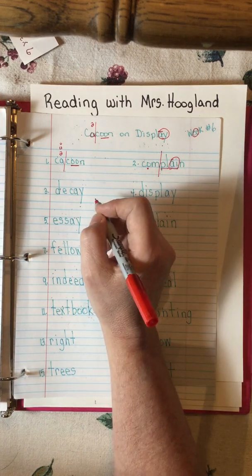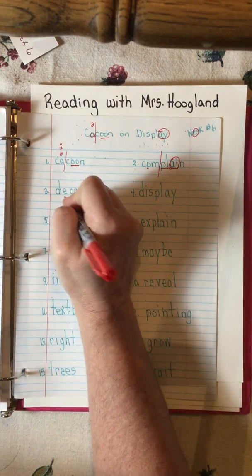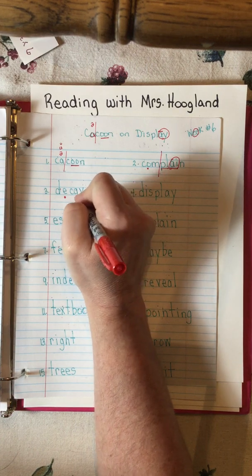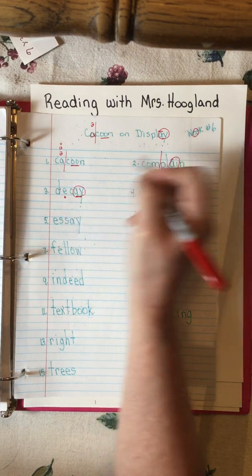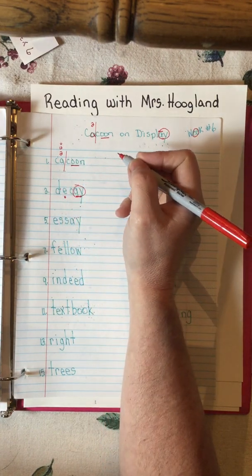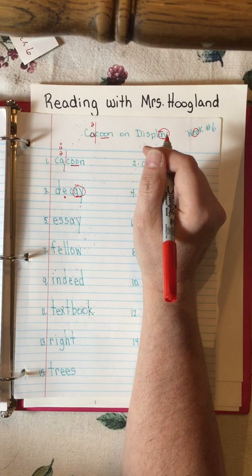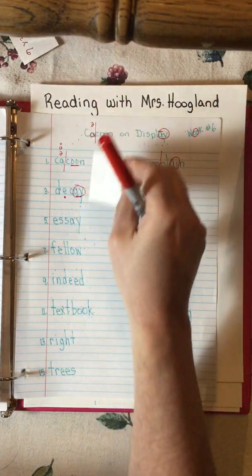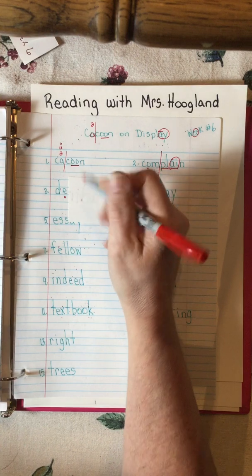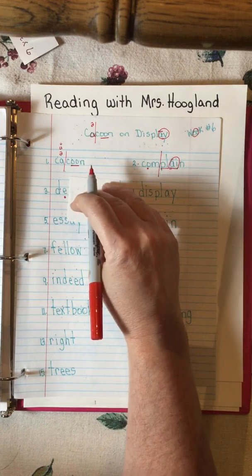Let's see if you can mark the next word. I see a vowel, and then I see two vowels beside each other, and we talked about the A-Y already. It says long A. Now I have to decide where I want to split this word. I can split it right here, and that would make this a long E because it's an open syllable.